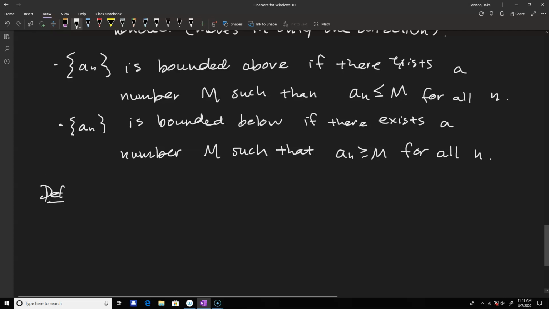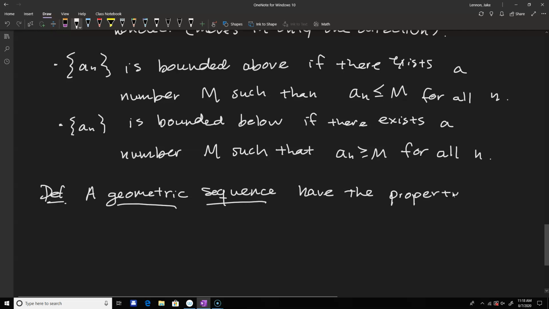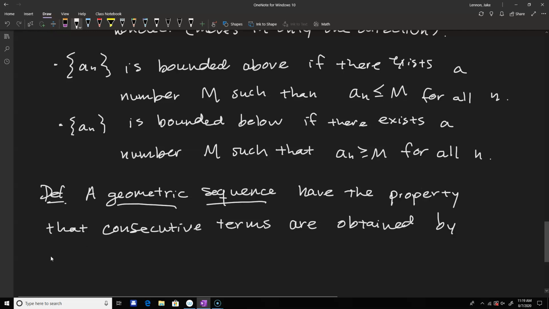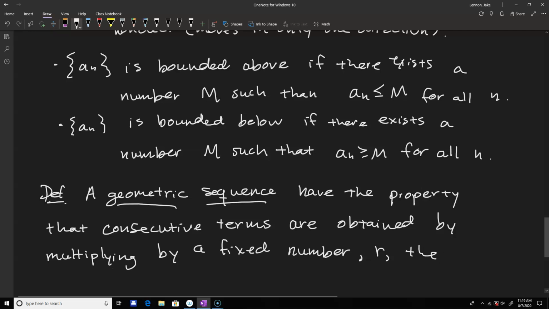So the definition: a geometric sequence has the property that consecutive terms are obtained by multiplying by a fixed number. Usually this is denoted by r, which is known as the common ratio.